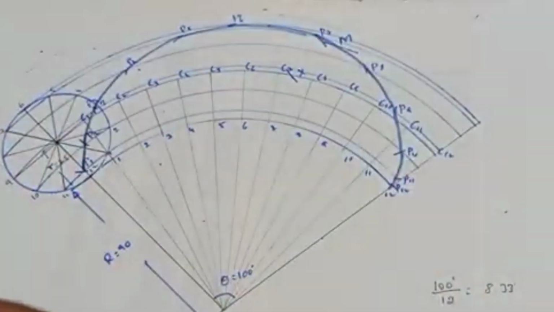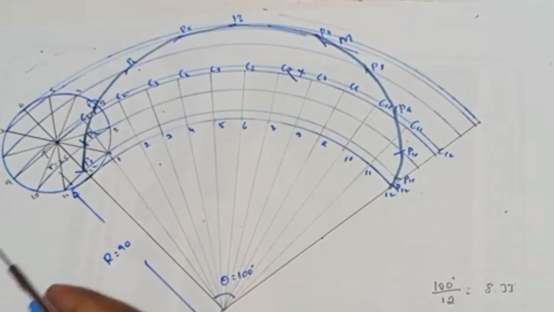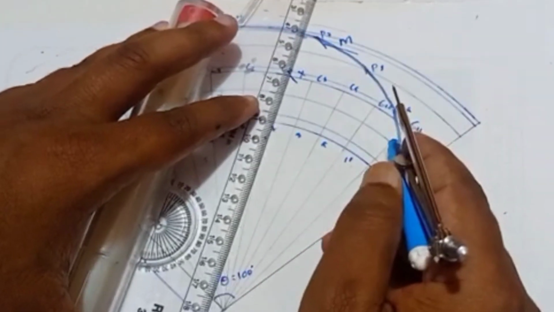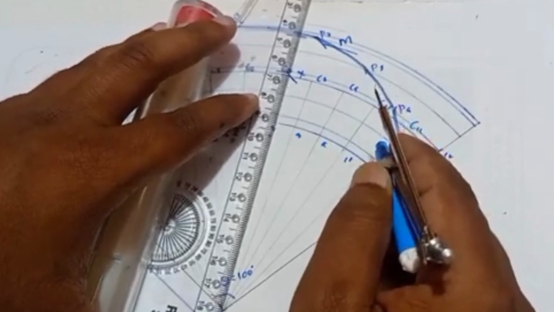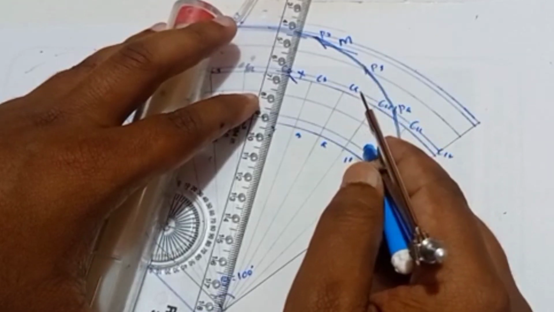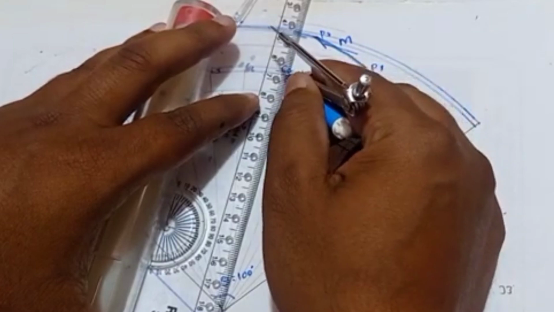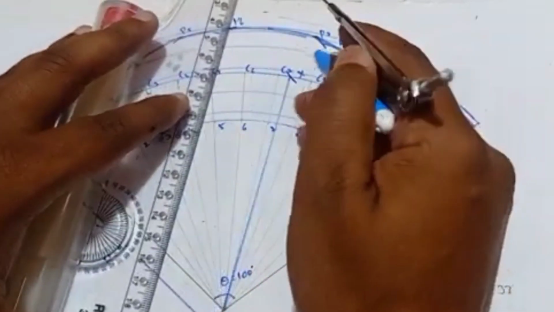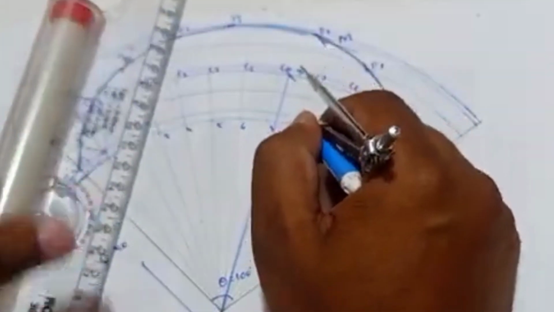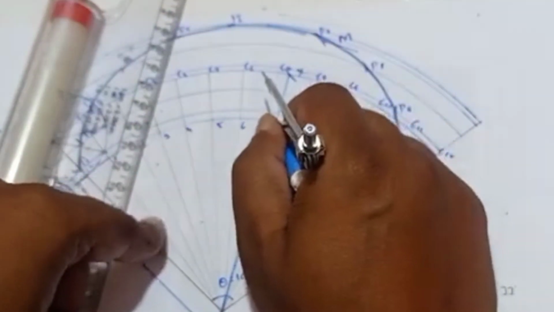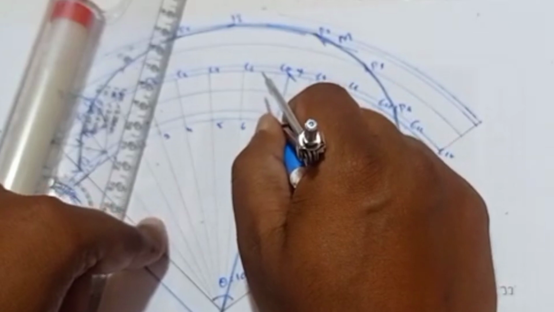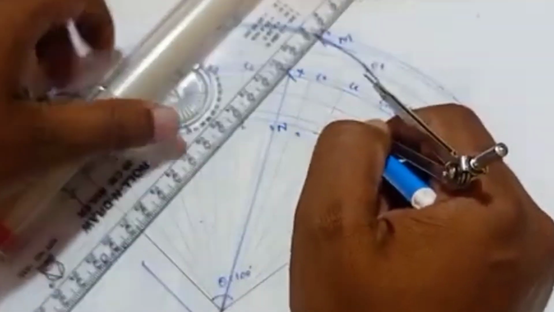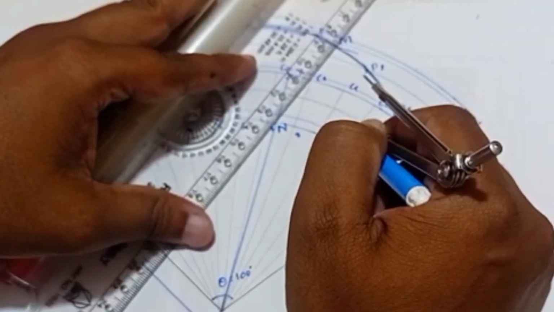Okay, now you join this with a straight line, and where exactly it is cutting, give this as N. So now we have to join this M and N with a straight line.